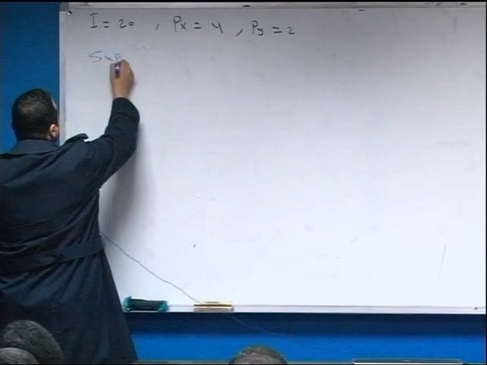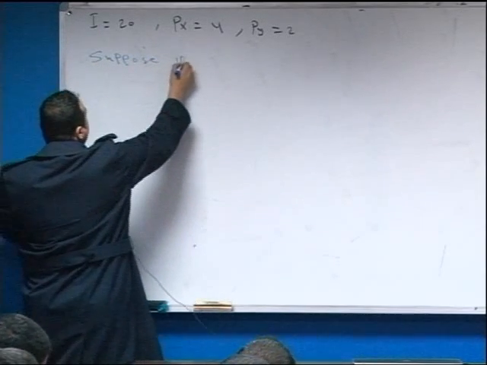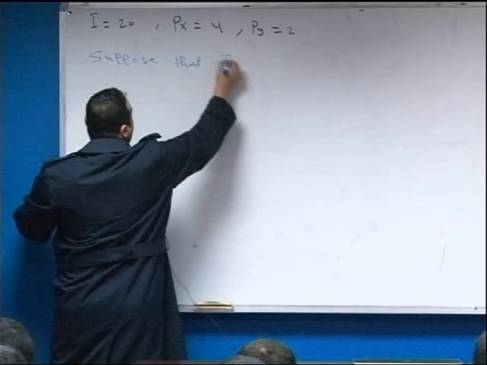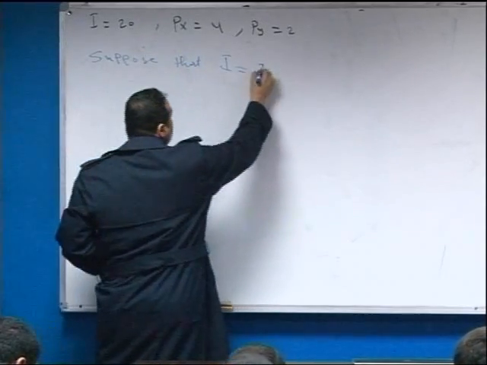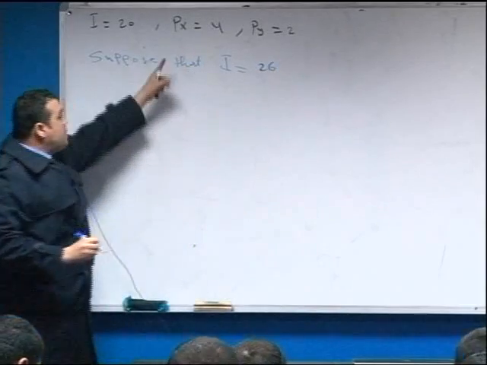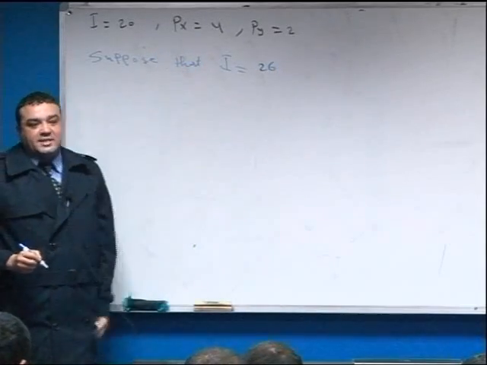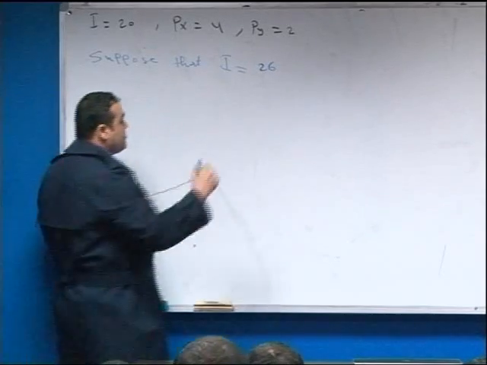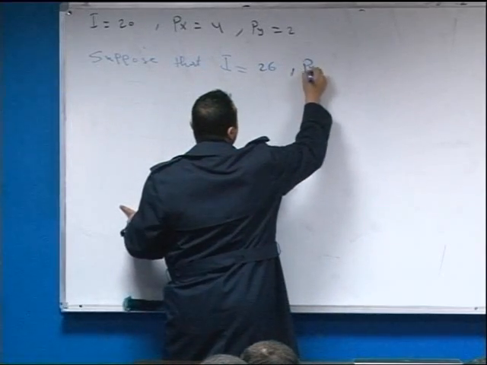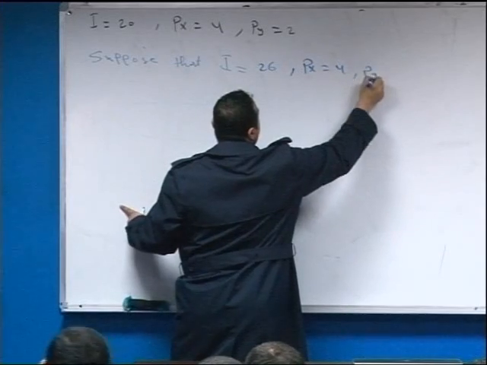Suppose that the consumer income increased to 26. The price of X remains constant at 4 and the price of Y remains constant at 2. Px equals 4, Py equals 2.